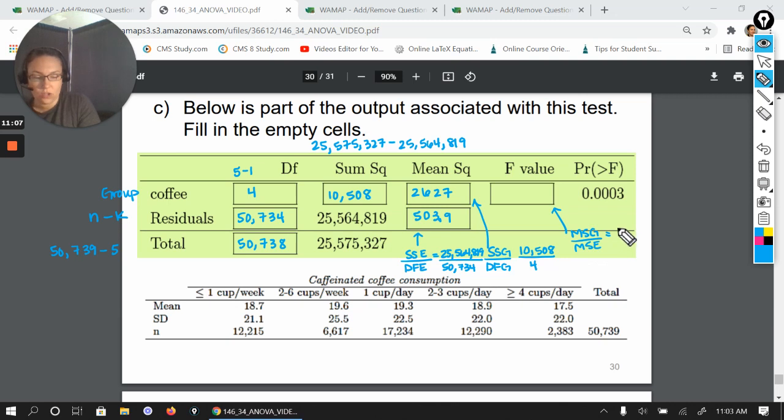So the MSG is the 2627 and the MSE is the 503.9. So when we divide those two, we get an answer of about 5.21. So if we put that and we use it in the FCDF command, that will allow us to calculate the p-value there.